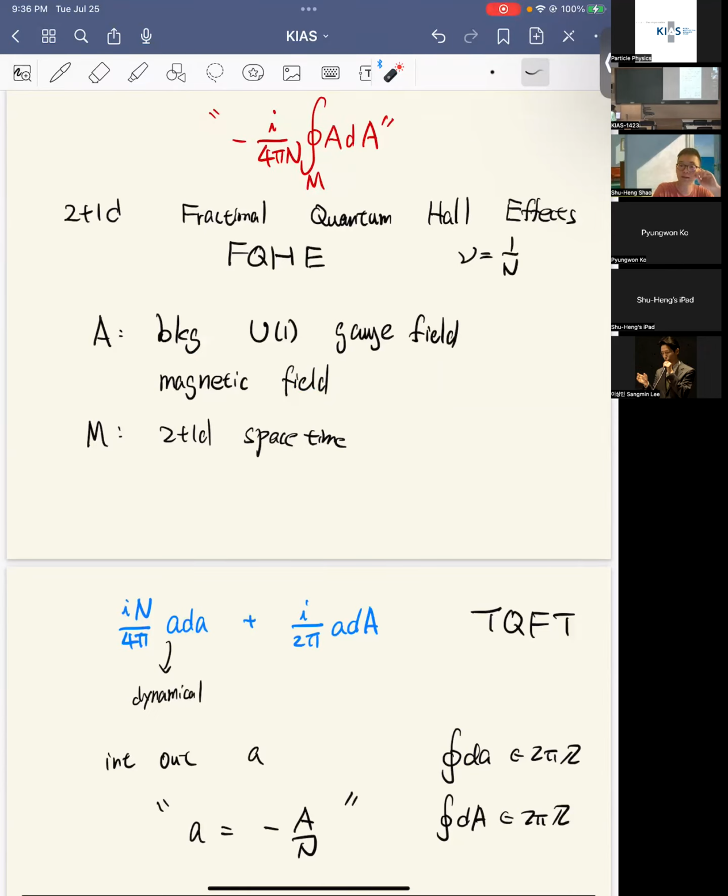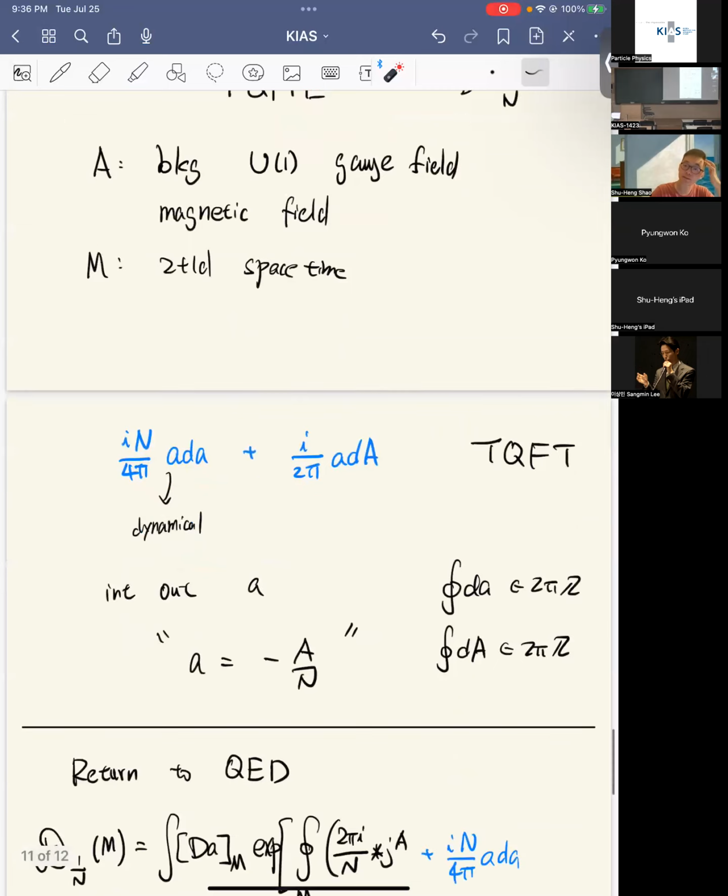Okay. So that's why you said we cannot perform the path integral globally. Correct. And as a result, you have no invertible property. That's correct. Okay. Thank you.